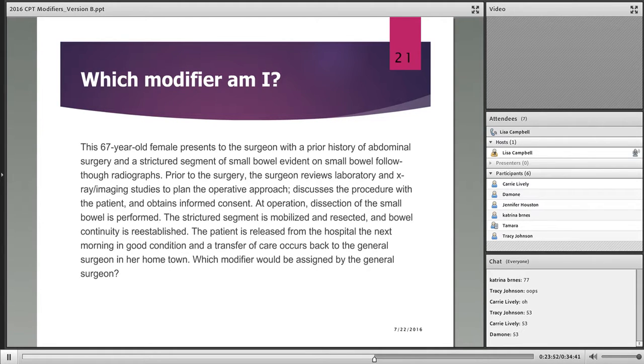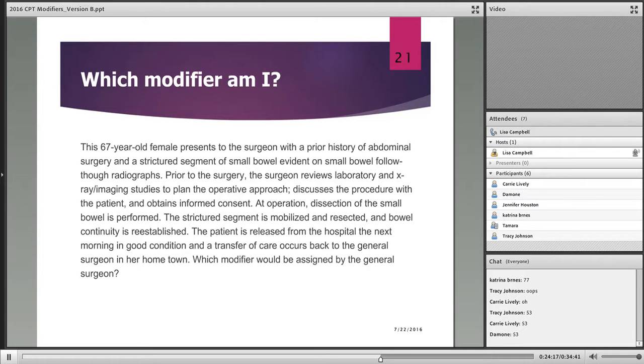67-year-old female presents to the surgeon with a prior history of abdominal surgery and a strictured segment of the small bowel evident on small bowel follow-through radiographs. Prior to surgery, the surgeon reviews the laboratory and X-ray imaging filming studies to plan the operative approach.